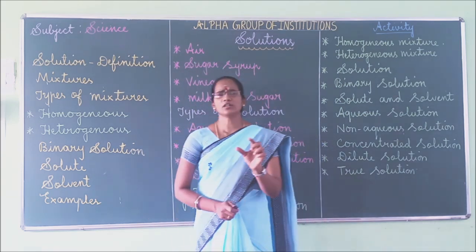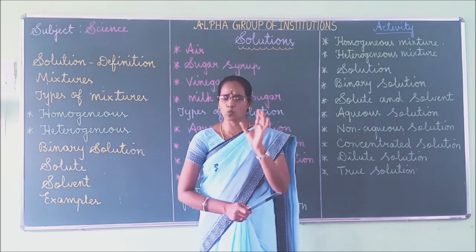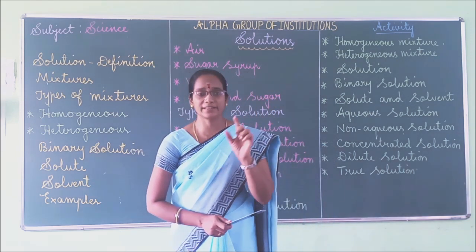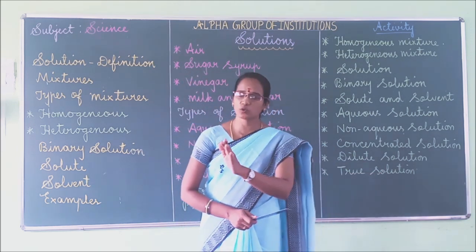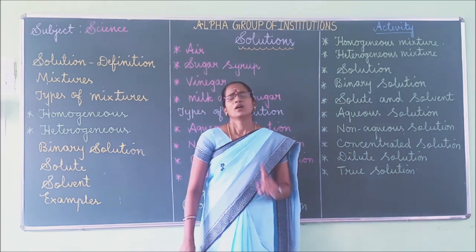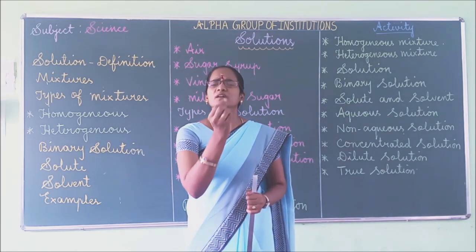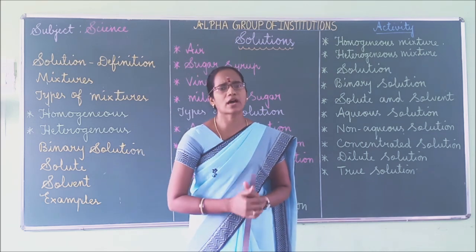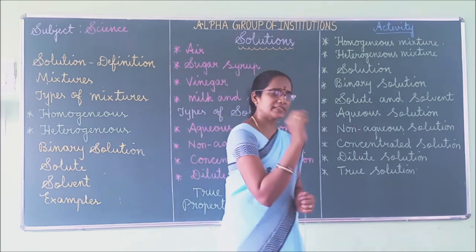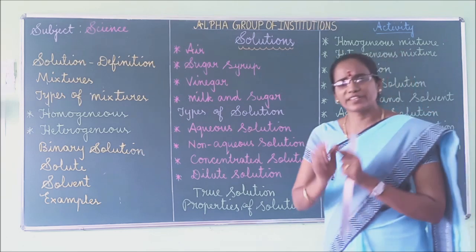In salt solution, we know very well that salt is dissolved in water, isn't it? Whereas in sugar solution, sugar is dissolved in water. Got it? In salt solution, salt is present in smaller amount to form a homogeneous mixture.